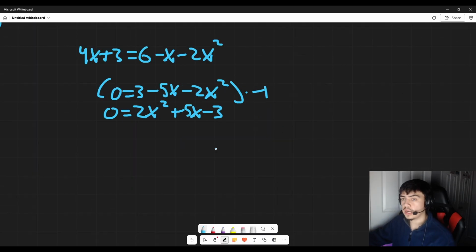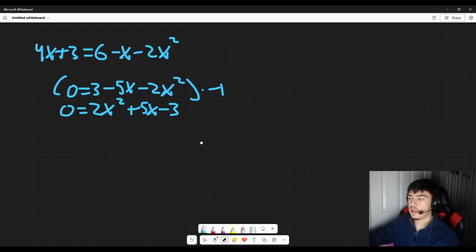now that we have our quadratic, we can go ahead and use the quadratic formula. You guys could try to factor this on your own, but I like to use the quadratic formula when we have an a value greater than 1.